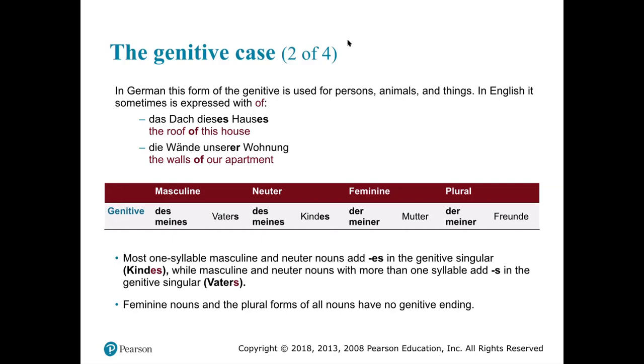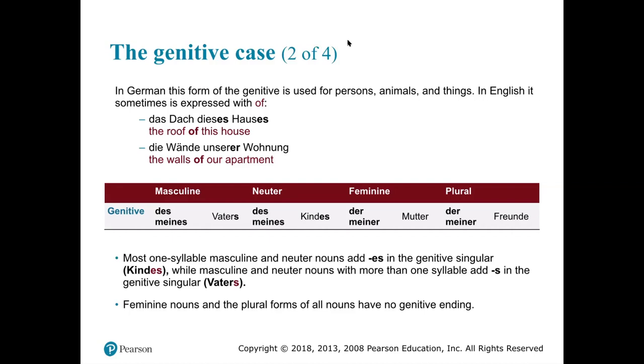And in our dative, it changed into dem. And now, yet again, it's changing, and you're adding an S to the noun itself. So it's des Vaters. So der Vater nominative becomes des Vaters when it's in the genitive. Meines Vaters, of my father.